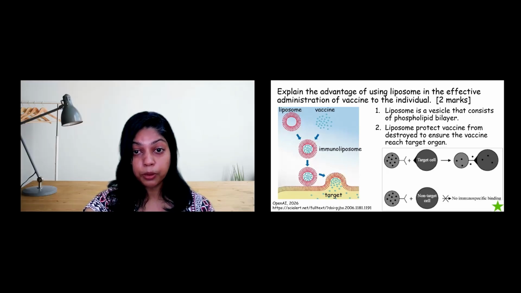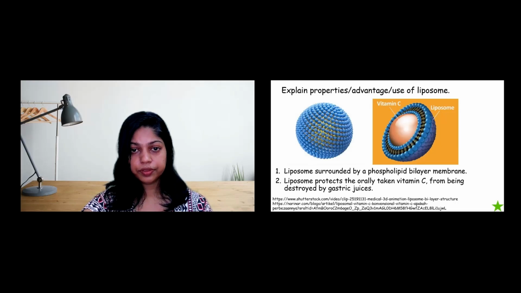Only once the liposome binds to the matching receptors on the target cell surface, the liposome releases the drugs. The way liposome delivers drugs safely and precisely to target cells is very similar to how liposome delivers vitamin C.